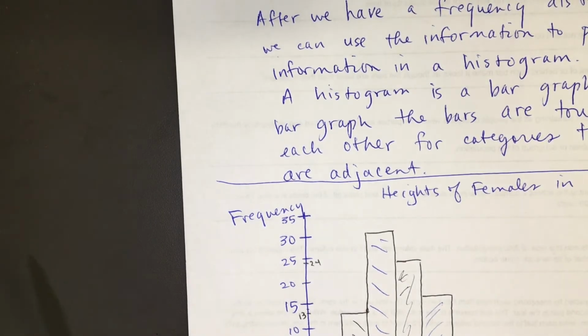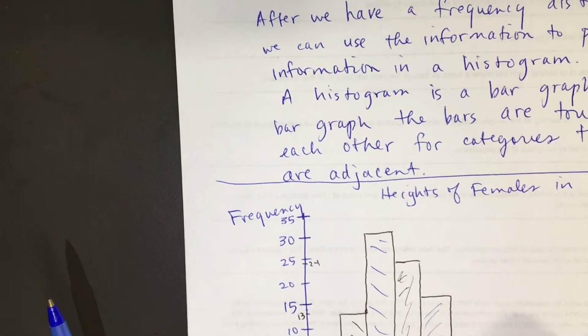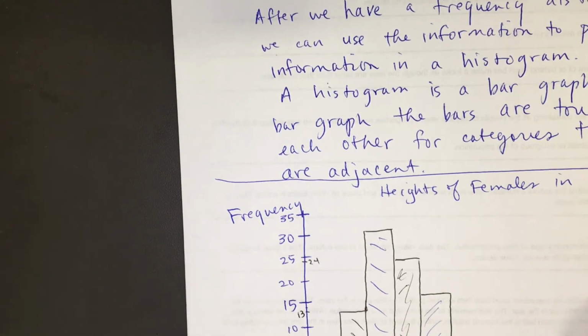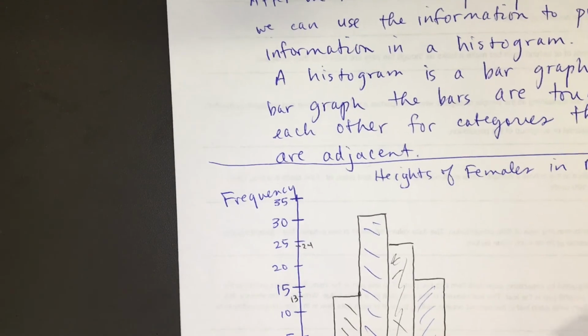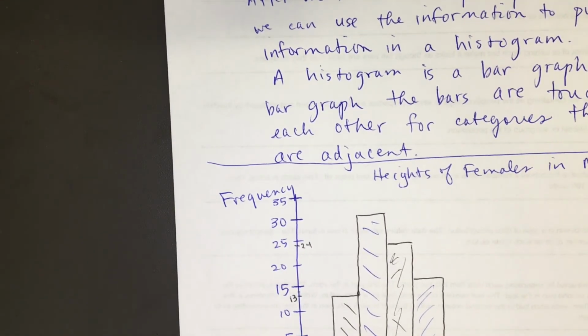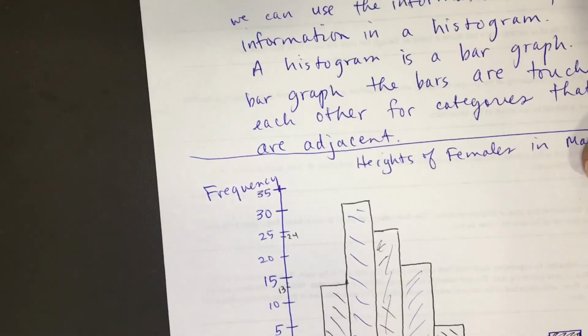The next one had 3 people. The next 3 categories were empty. You just don't put anything. And then the last one, one person said 83 inches tall. So there's a histogram of the data from the heights of the young women.